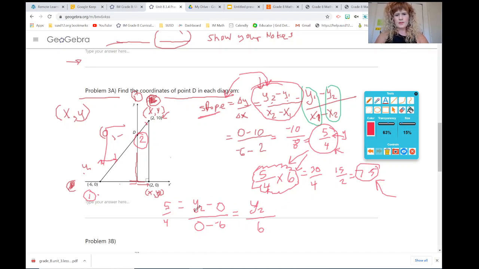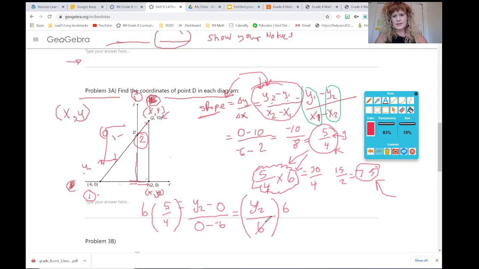So what do I want to do? I want to isolate my y. And I showed you this in the last video. To isolate the y, you can multiply both sides by this denominator. So multiply that side by 6 and multiply this side by 6. Because if you do it to one side of the equation, you have to keep the equation balanced and do it on the other side.